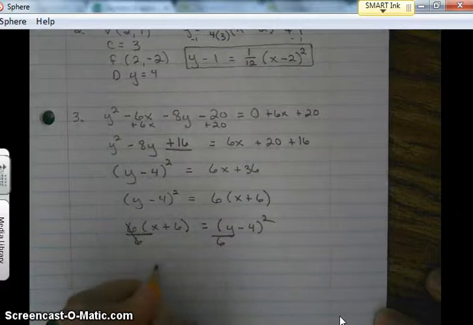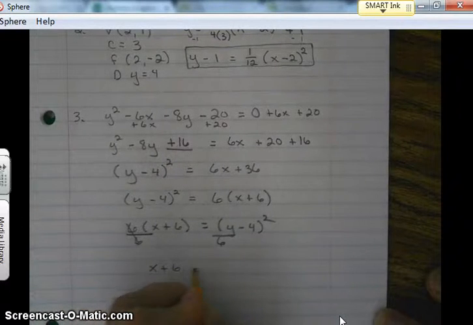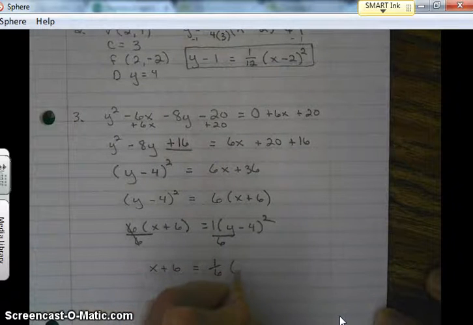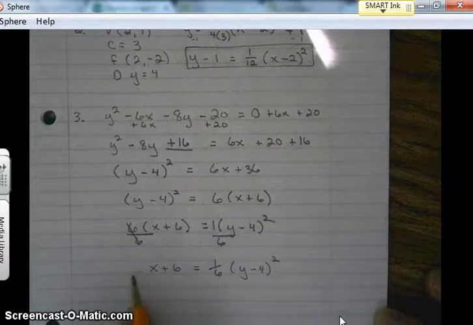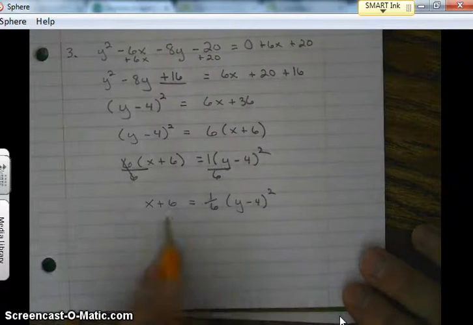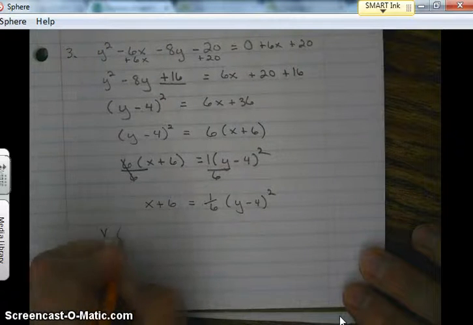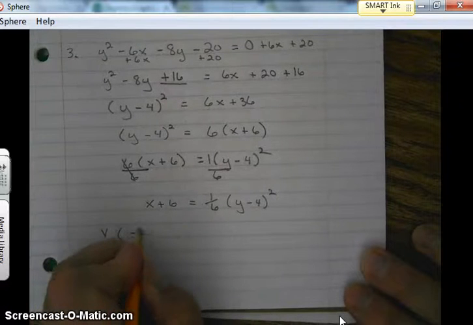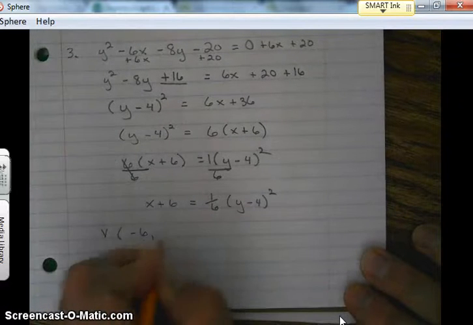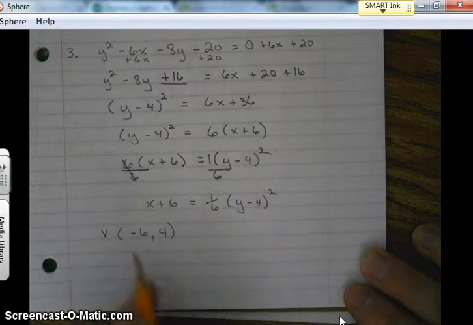So I'm going to have x plus 6 equals, and this is going to be 1/6 times y minus 4 squared. There's standard form. From here, we can get our vertex, which is going to be -6, 4. How did I get -6?